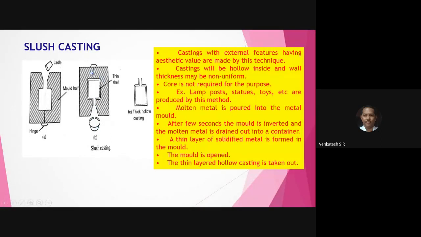When you turn the mold in an upward direction, some portion of the metal is left and sticks to the wall of the mold cavity and forms the chamber like this. Usually, slush casting is used for making lampposts, statues, and toys. And you can produce a container like this, a very big, tall container for carrying chemicals. Those things are produced by using the slush casting process.